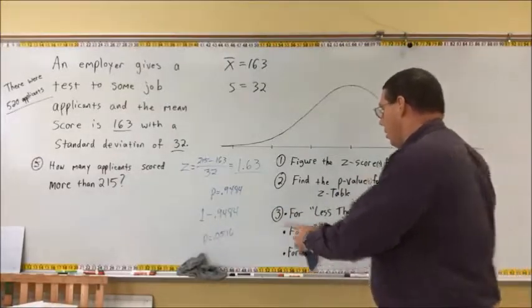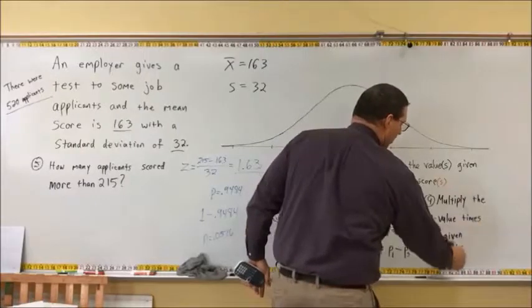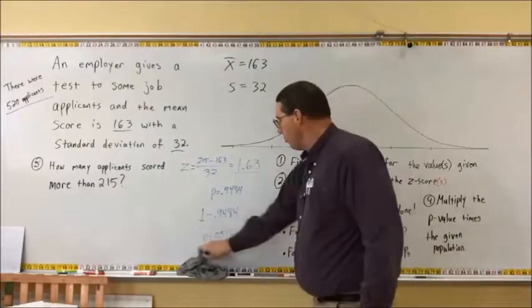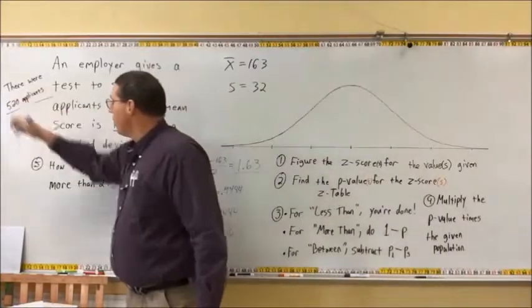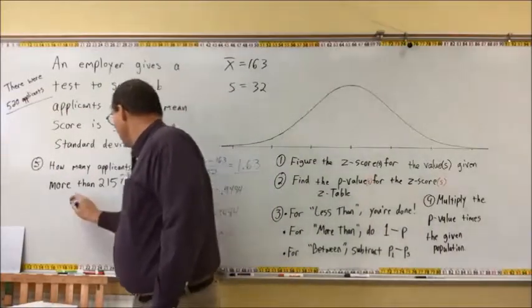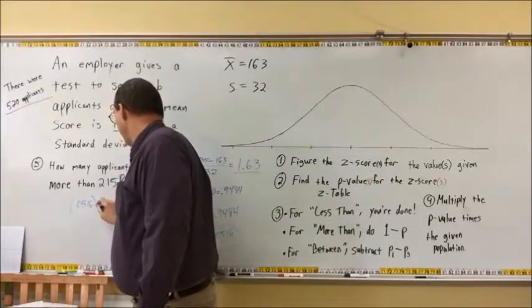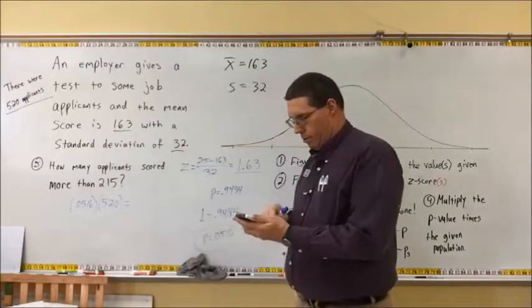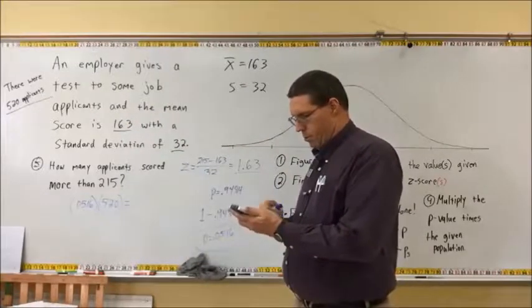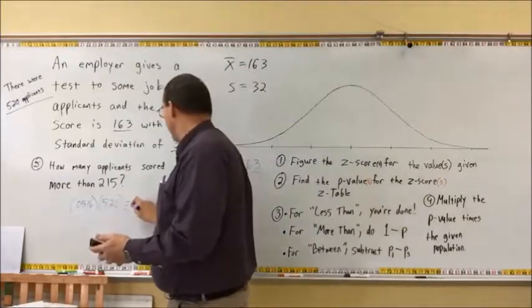And now, our last step, multiply the final p-value times the given population. So we're going to multiply 0.0516 times the 520 applicants. 0.0516 times 520, see what that equals, is 26.832.